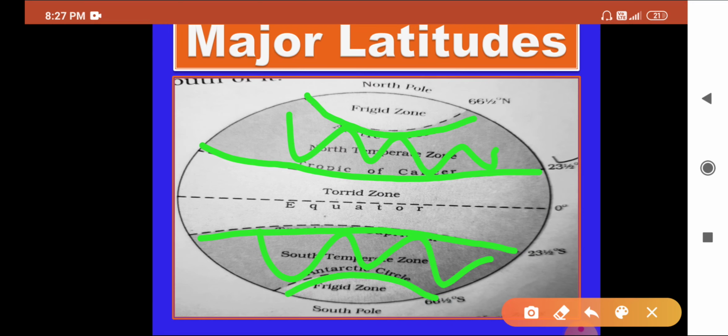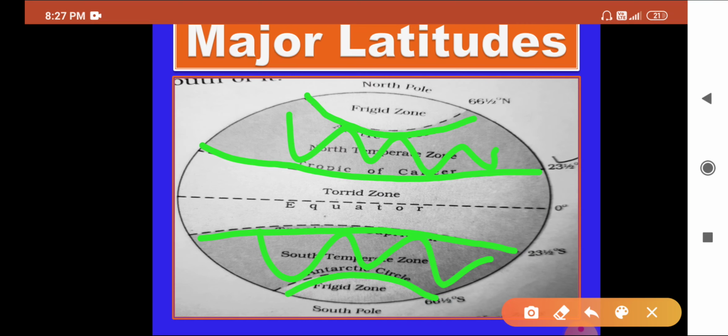Generally, this zone is not receiving maximum heat, because only the torrid zone is receiving direct sun rays. Here, if you see this zone, you will find that direct rays of the sun are not coming in this zone.